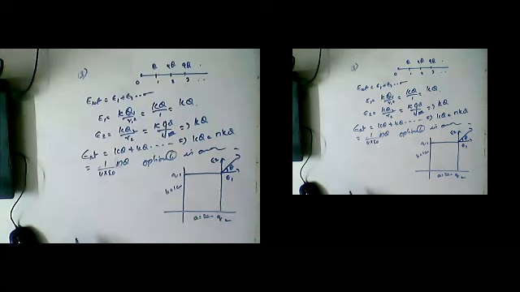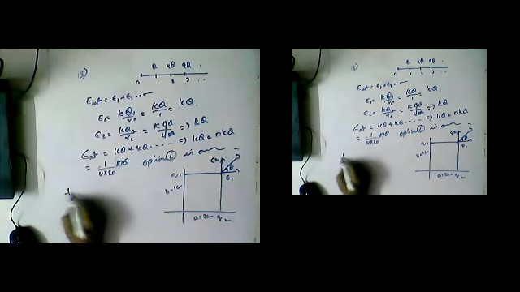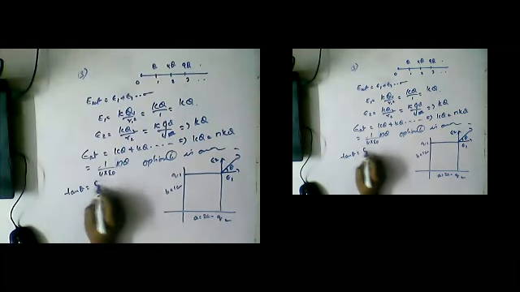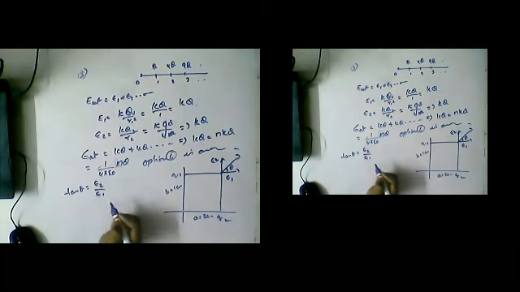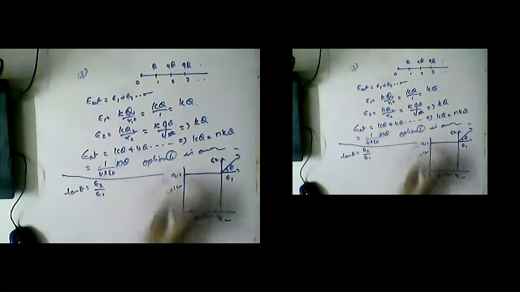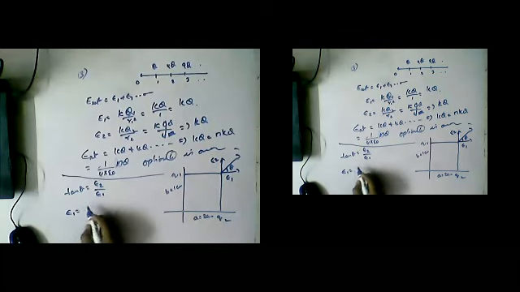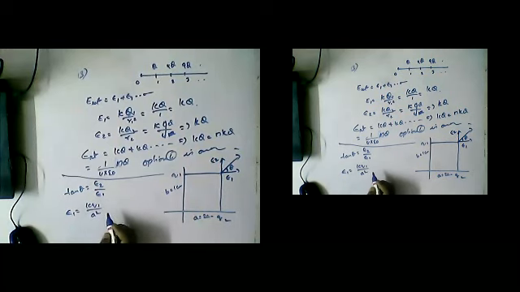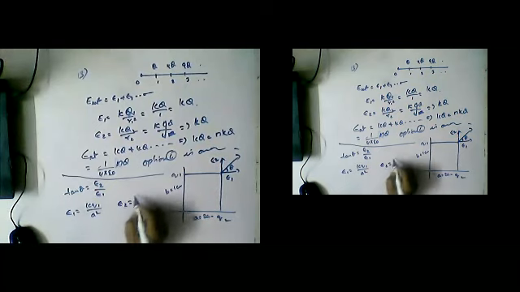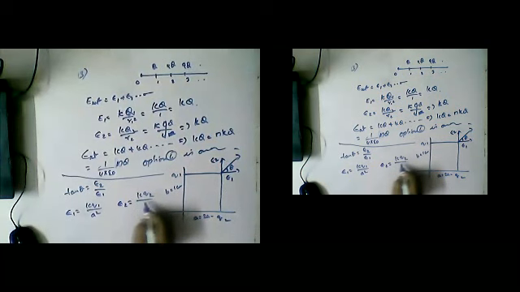So theta, we already know that tan theta is equal to E2 by E1. First of all, we will discuss E1. E1 is equal to KQ1 by A square, and E2 is equal to KQ2 by B square.